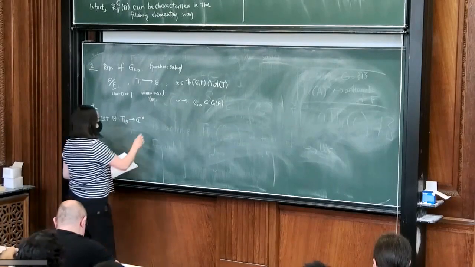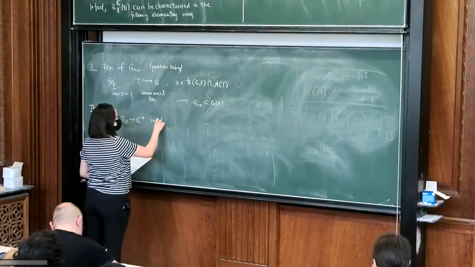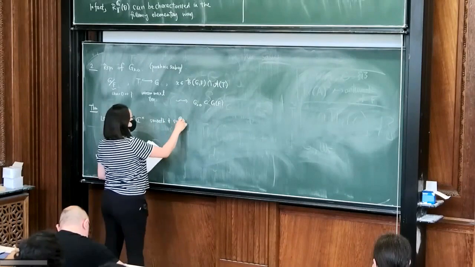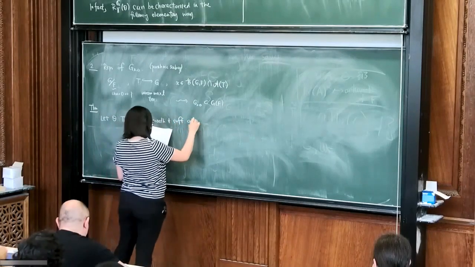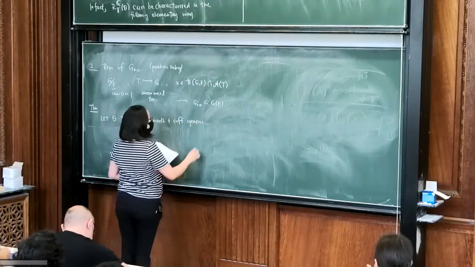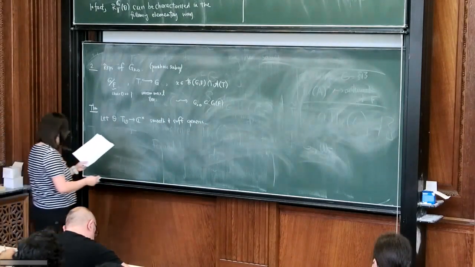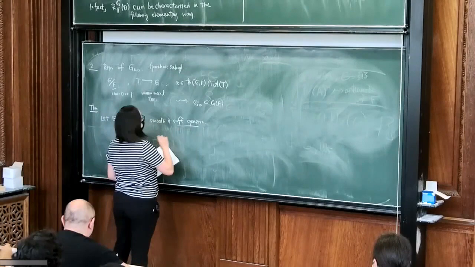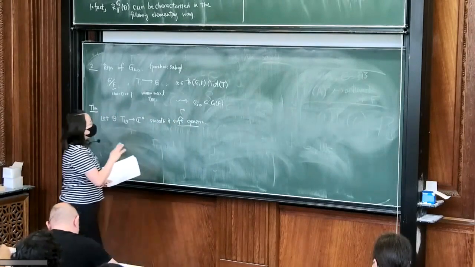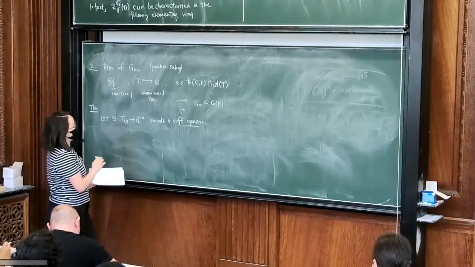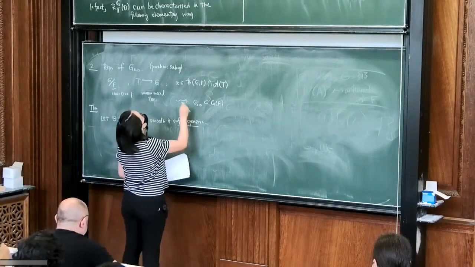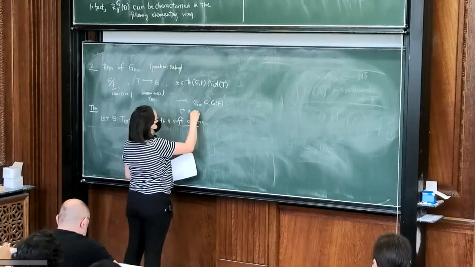theta be a smooth and sufficiently generic character of this T_0. And sufficiently generic has two conditions. One condition is the analog of the above, in general position.